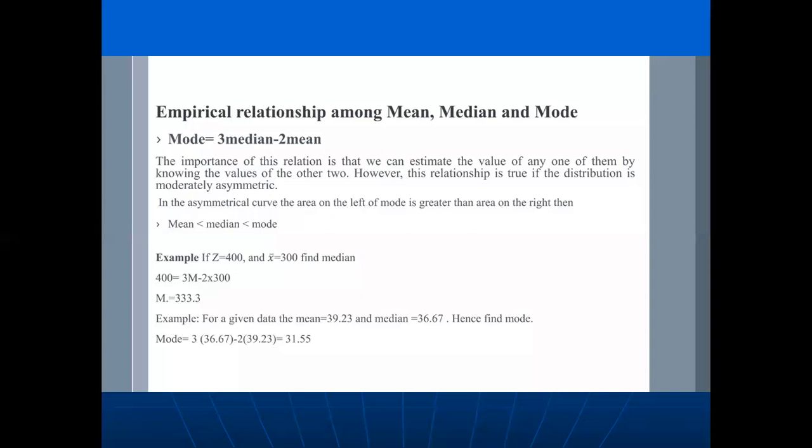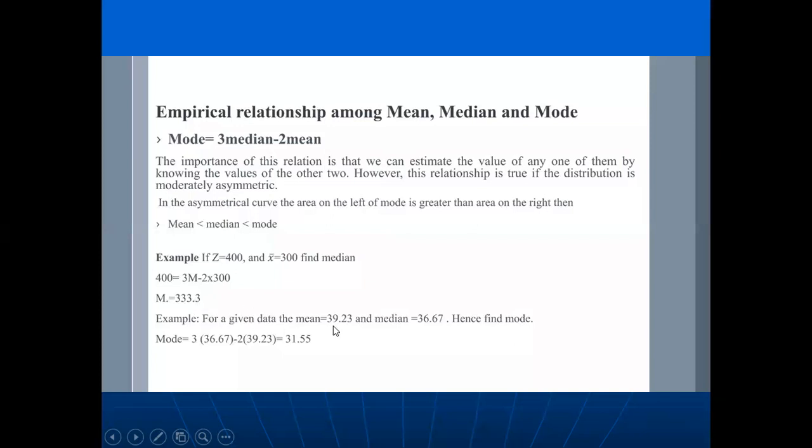Now this is based upon the normal distribution curve. Now suppose I take a problem: if the mode is equal to 400 and the mean is equal to 300, we can find out the median. So we know that 3 times the median minus 2 mean is equal to mode. So mode 400 is equal to 3m minus 2 into 300, or m becomes 333.3.